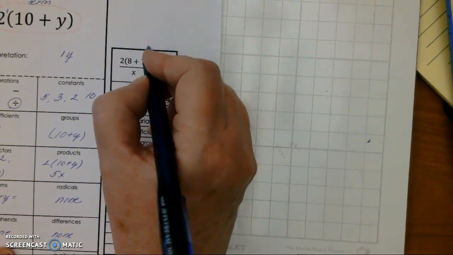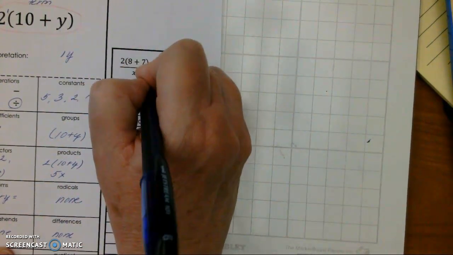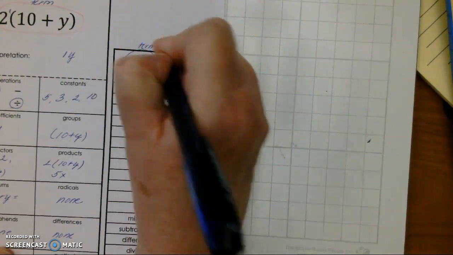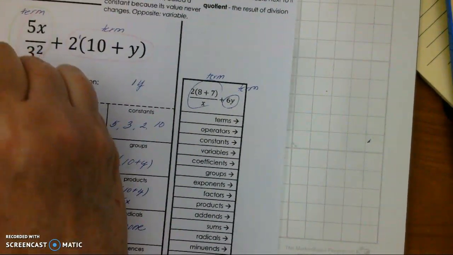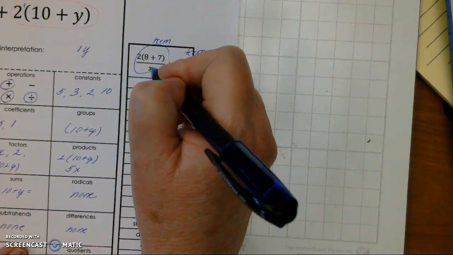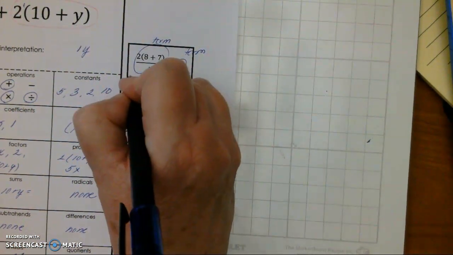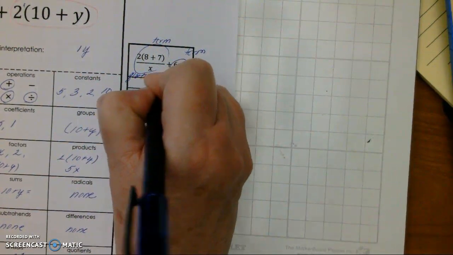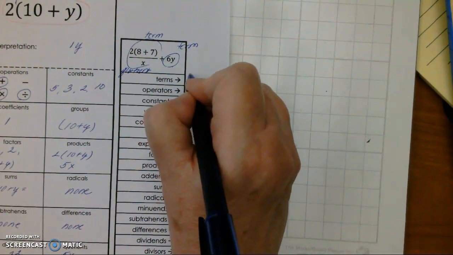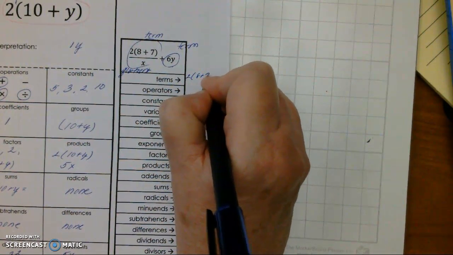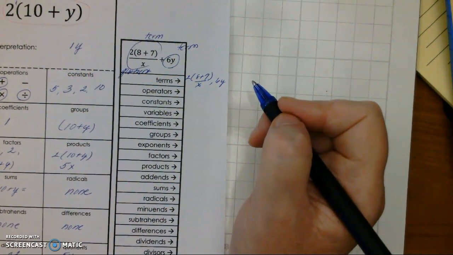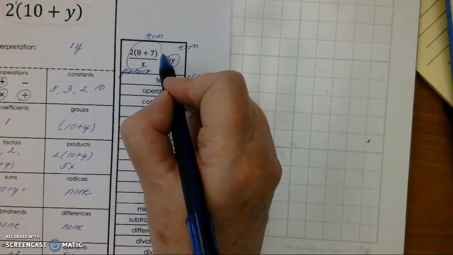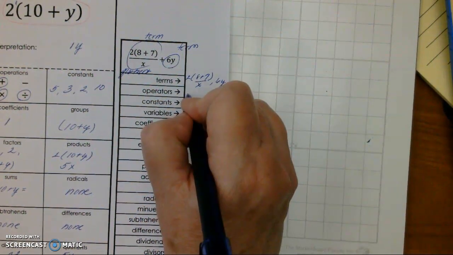And just to start off, remember, this whole thing is a term, and this whole thing is a term. And just like we learned over here, when you divide something, the dividend by the divisor, it's a quotient. Okay? So the terms are 2 times 8 plus 7 divided by x, and 6y. The operators are division, multiplication, and addition.